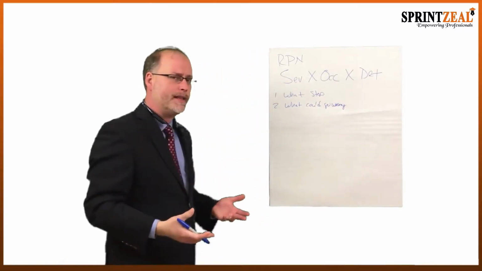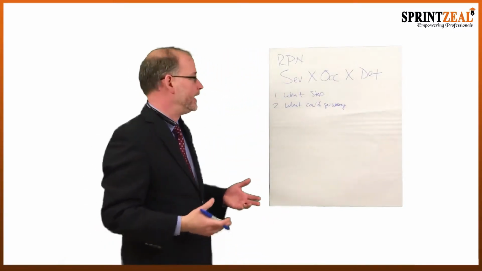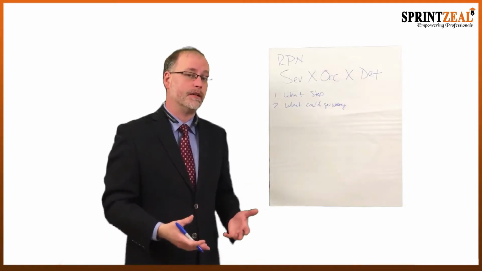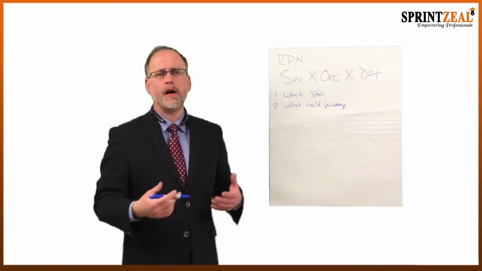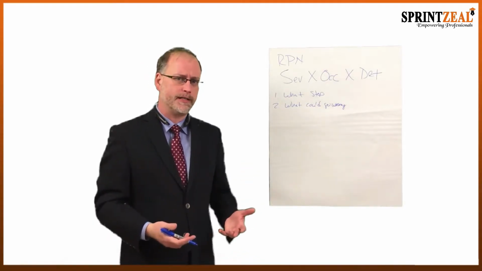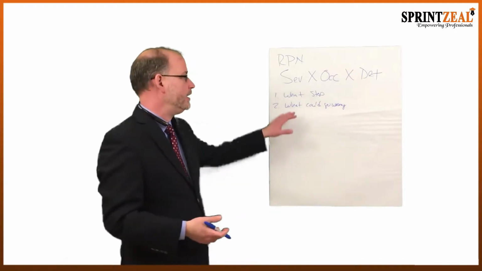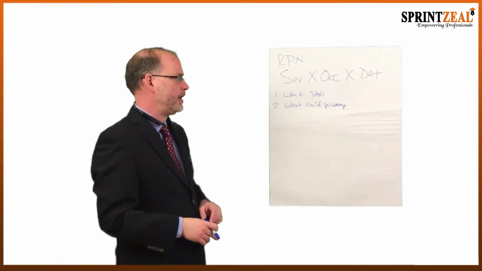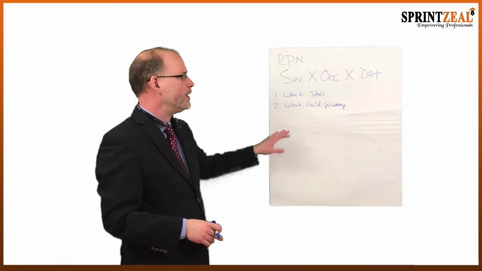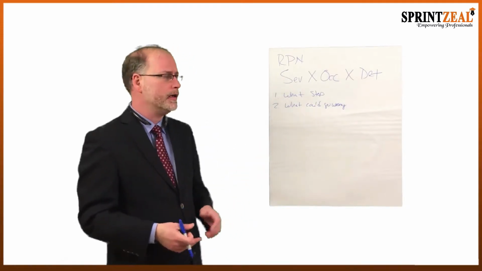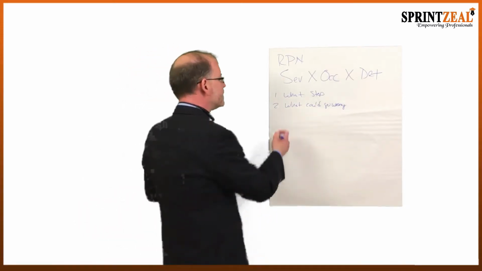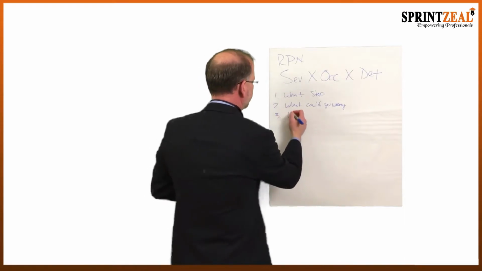Now, there's no way that we're going to be able to completely identify 100% of the failure modes. But it's our job as the Six Sigma project team to really start understanding what could go wrong with our particular process step. Now, once we find out what could go wrong, then we have to see how severe those things could be.